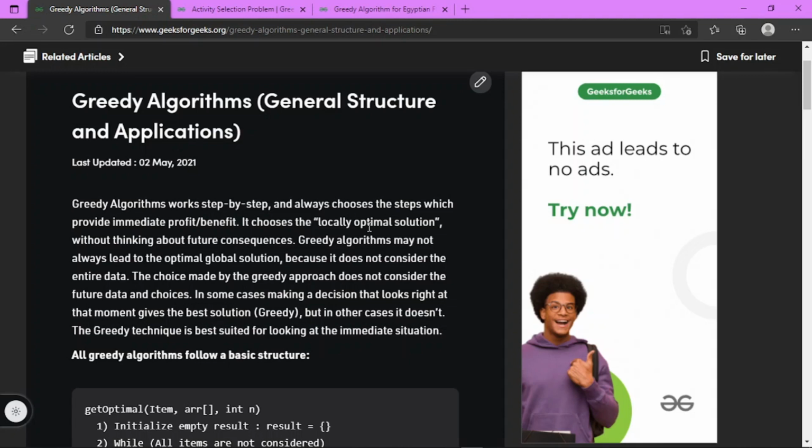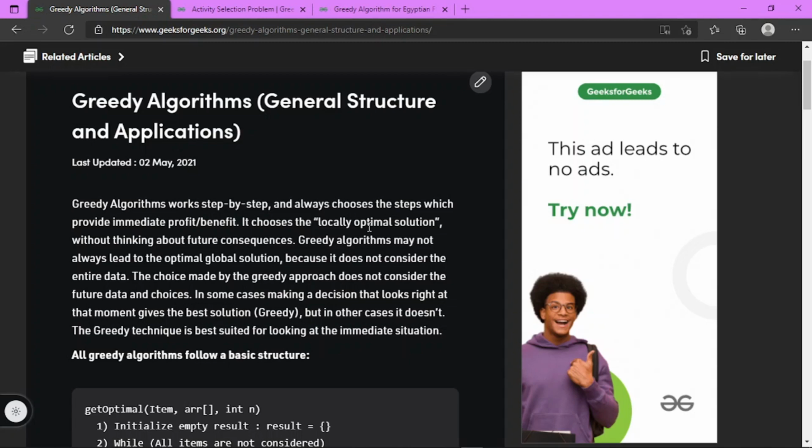We will discuss the traveling salesman problem in a later video, but for that problem the greedy algorithm approximately gives the optimal solution. This sometimes actually reduces the time complexity of an algorithm. Let's say some algorithm can be solved in exponential time, it will reduce it to polynomial time. So this was a brief about greedy algorithms.